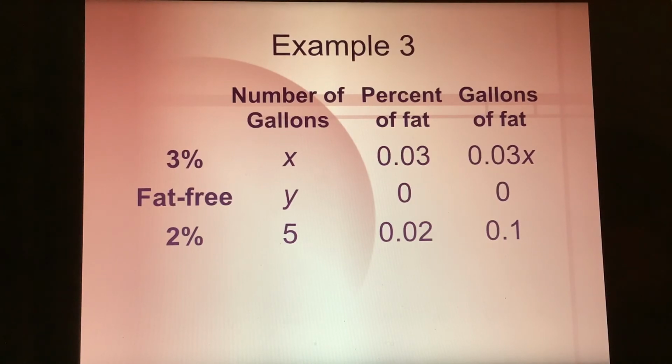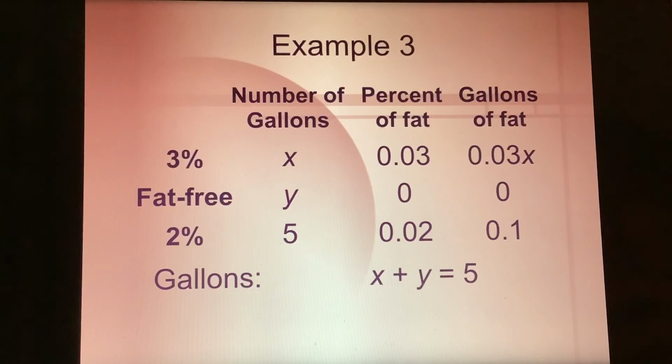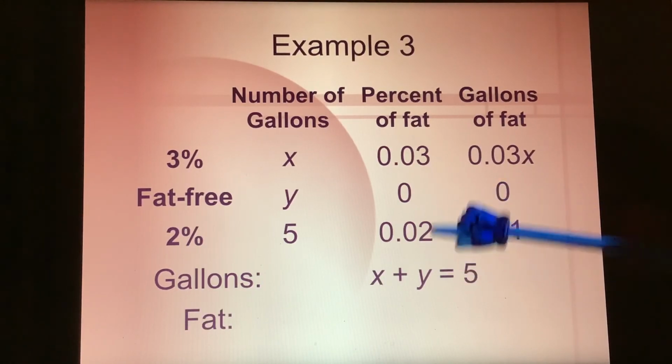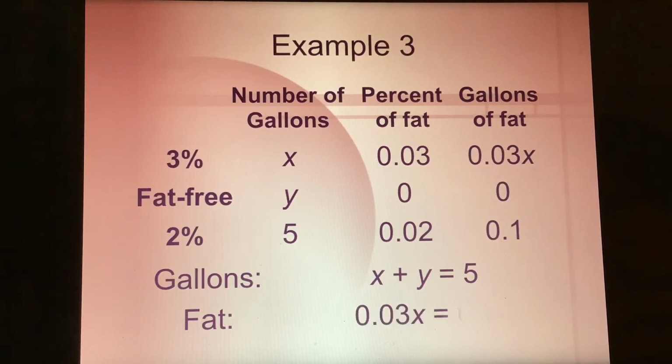Okay, let's keep going here. The gallons, we have x plus y equals 5. Now the amount of fat, we've got 0.03 and 0. 0.03 times x is equal to 0.1 right here.